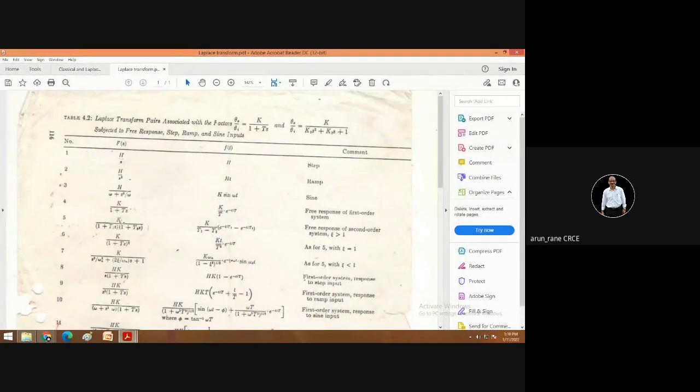Laplace transform. This is your first degree. This is your second degree. This is Laplace transform. Laplace inverse of h by s is h. Laplace of h is h upon s. Laplace of ht is h upon s square.